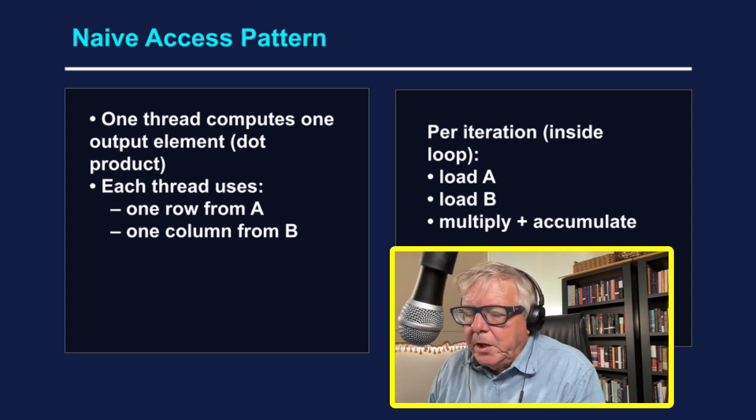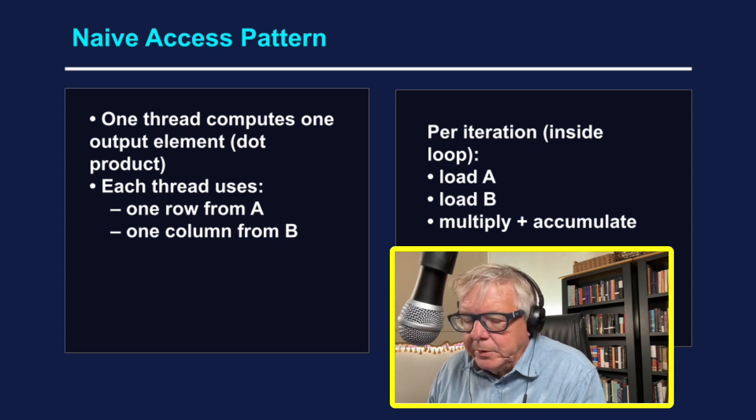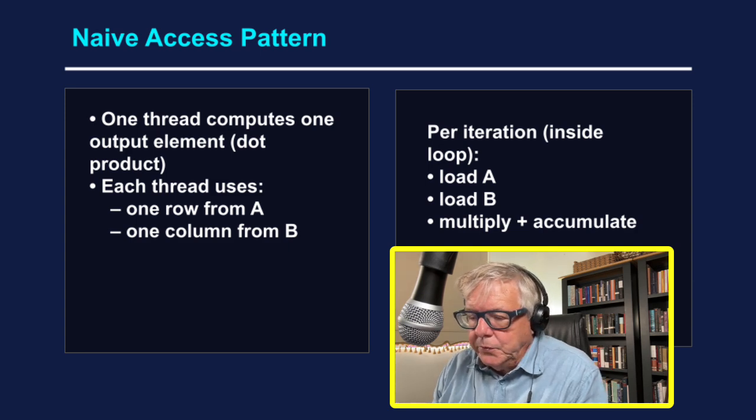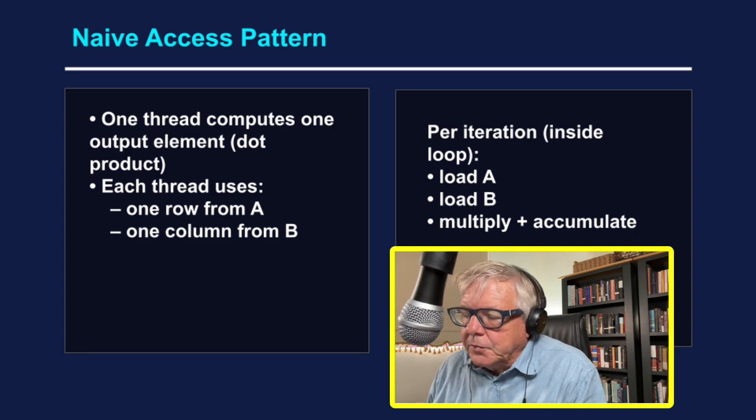Now the same values from A and B are being loaded over and over again by different threads, because A and B are the matrices we're working on. We repeatedly load, for example, column 1 with row 1, column 1 with row 2, and so forth. So we loaded column 1 twice.